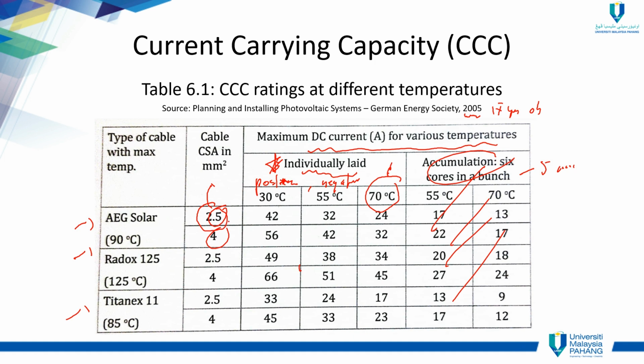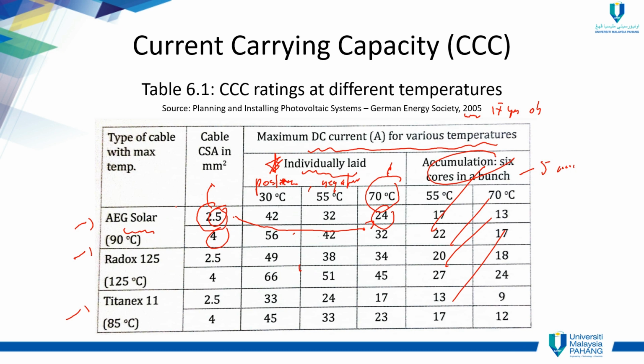Okay, that means a 2.5 millimeter square cable can support up to 24 amps DC. The maximum current that can flow through a 2.5 millimeter square AEG Solar brand cable can go up to 24 amps only.